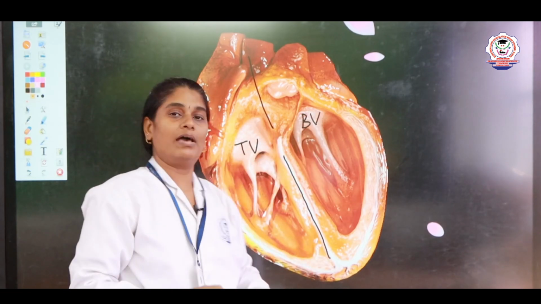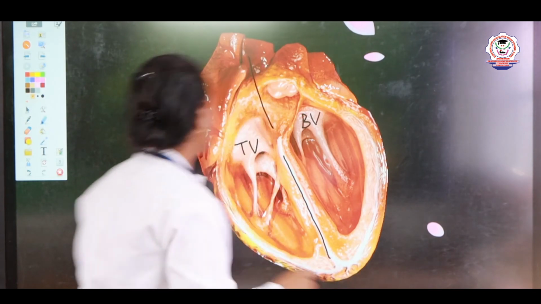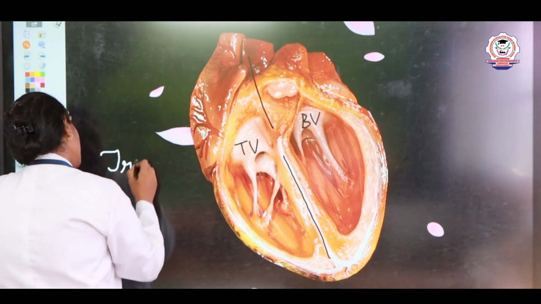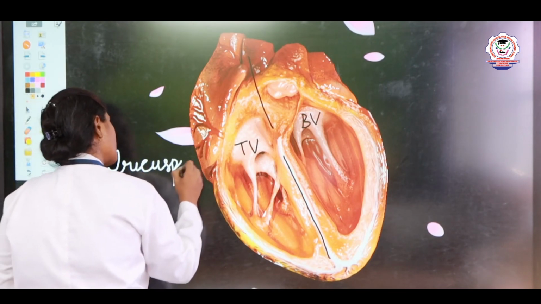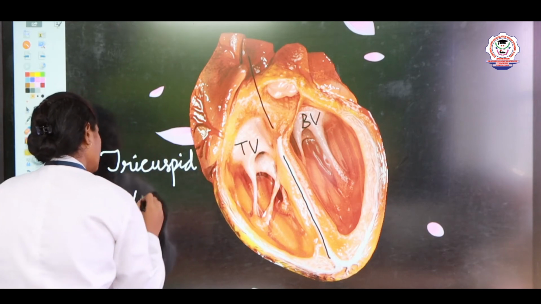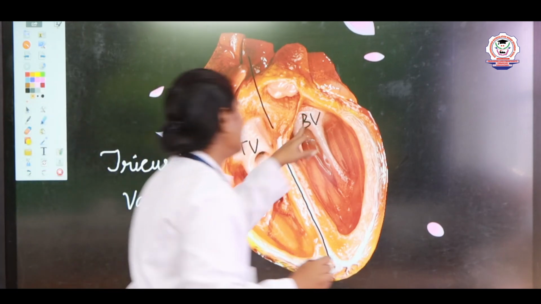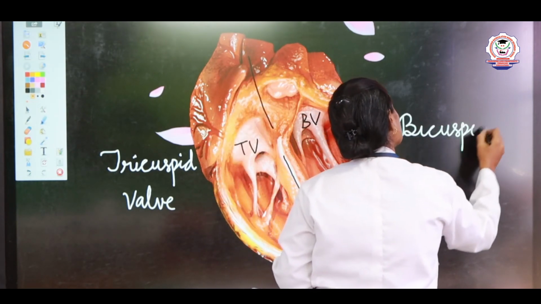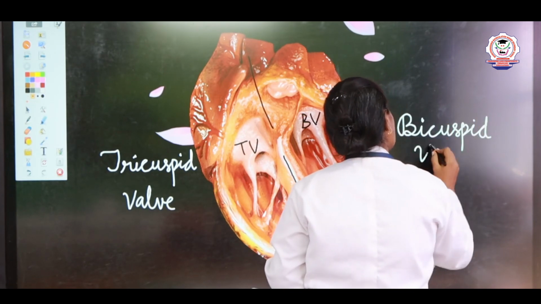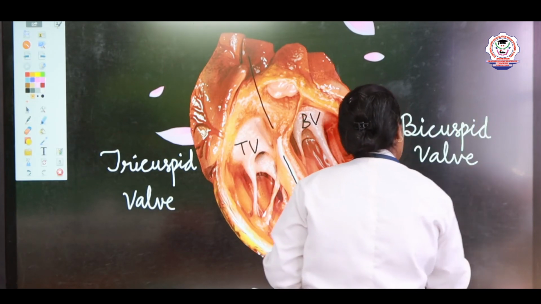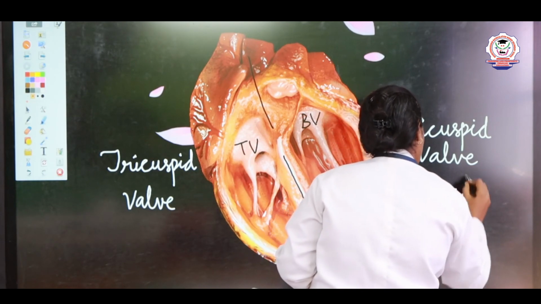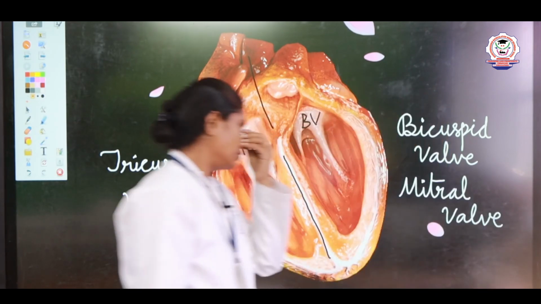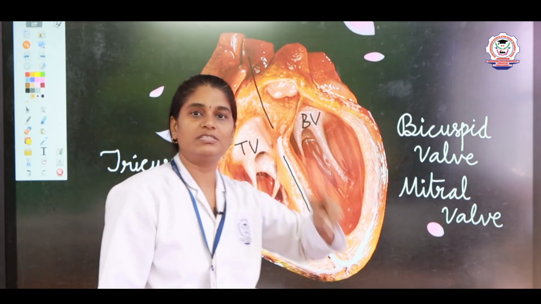This bicuspid valve is also known as the mitral valve, right.